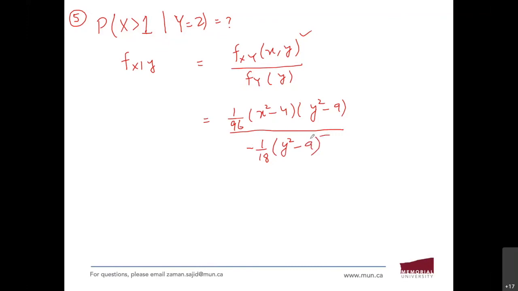Now this thing will be cancelled out from this thing because they're the same. So the leftover is minus 3 over 16 times (x square minus 4). Now we have the conditional probability density function. Just for your information, this is equal to your f of x, so this also confirms that x and y are independent. Folks, next slide, please.